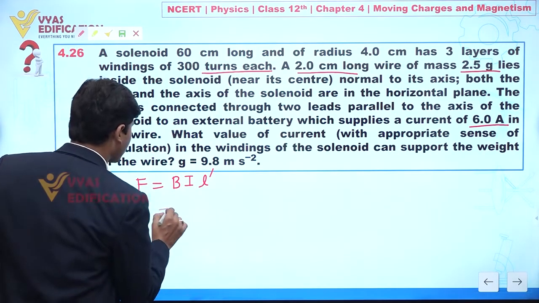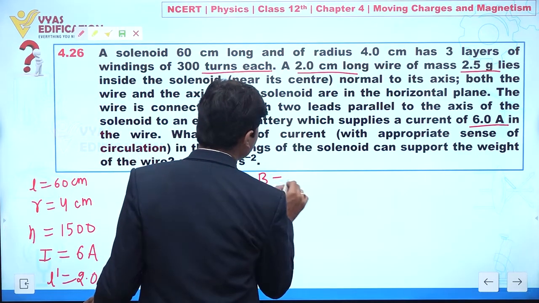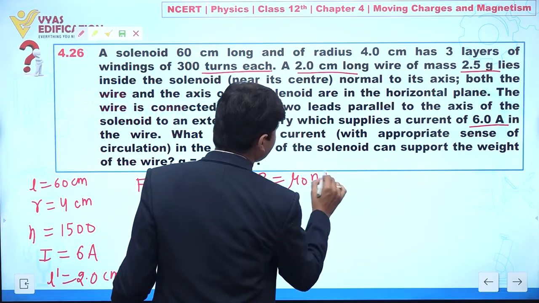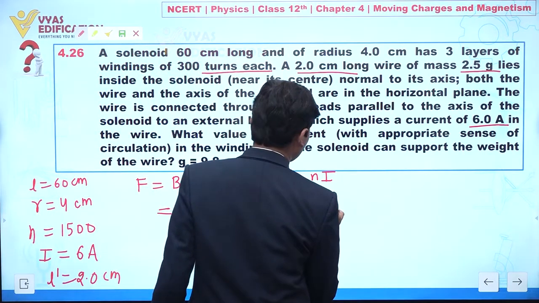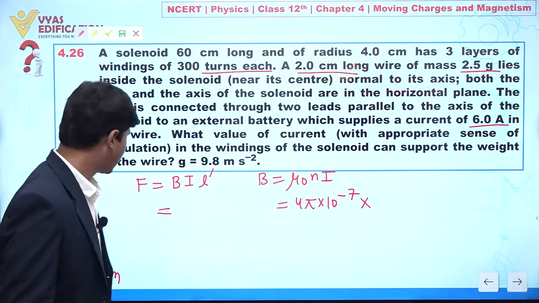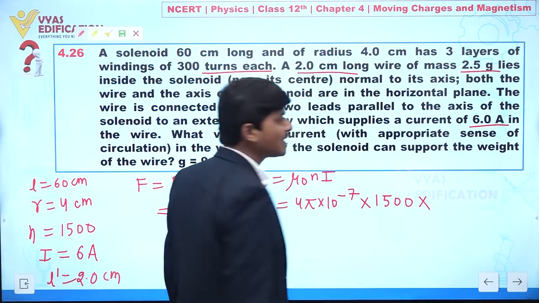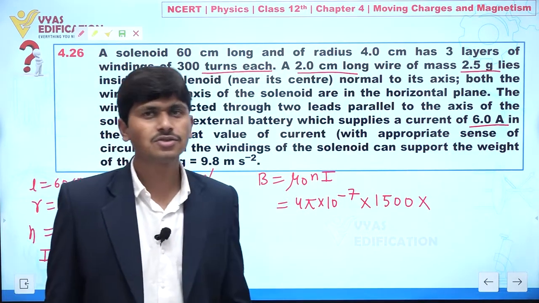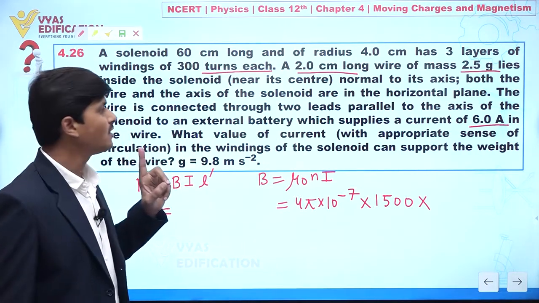Now first we can calculate the value of the magnetic field. This one is mu naught n I. The value of mu naught is 4 pi into 10 to the power minus 7, into the number of turns per unit length, 1500, and the current flowing in the solenoid.